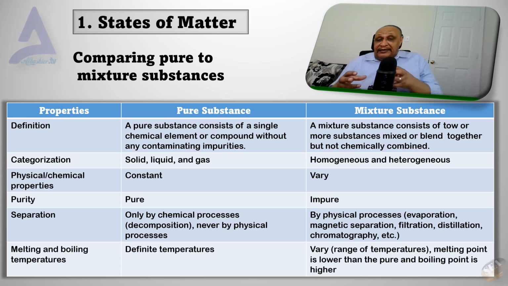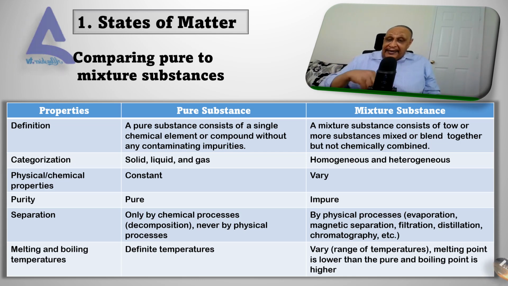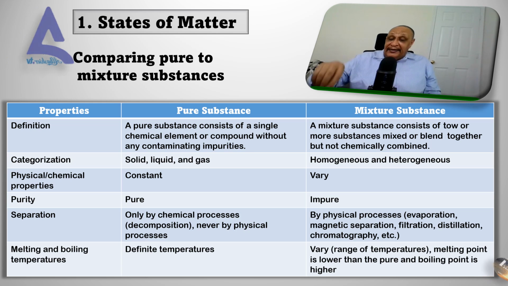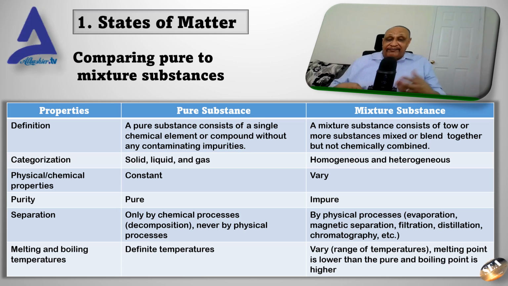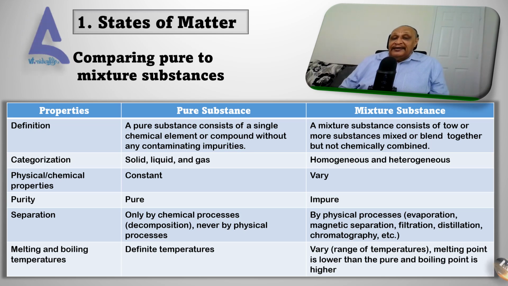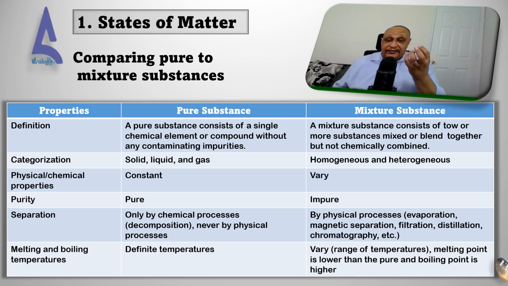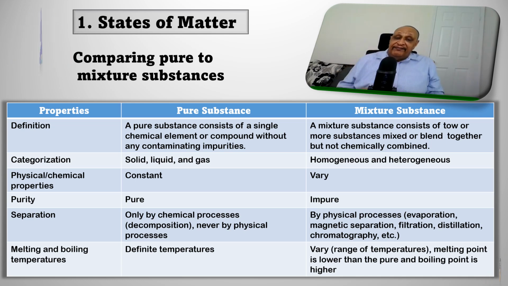If I have sand and iron, if I have a magnetic bar, I can just pass it through the mixture and collect all the iron, leaving the sand away from the iron. By filtration, if I have sand in water, I just filter it, the water comes down while the sand is stopped there.